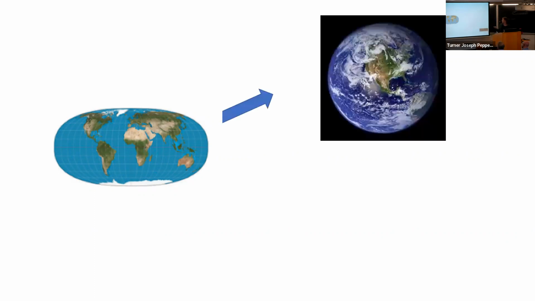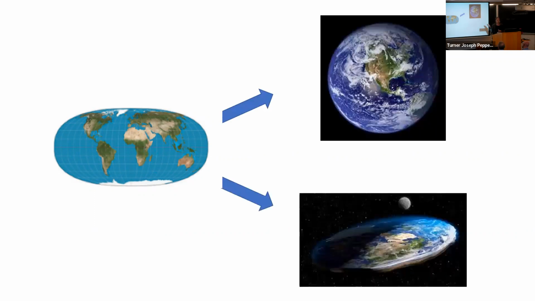And another problem that might occur is if you were only ever shown this map of the Earth and you didn't know what structure it arises from, then can you tell from this map, from our atlas, whether the Earth is a sphere or whether we live on flat Earth?